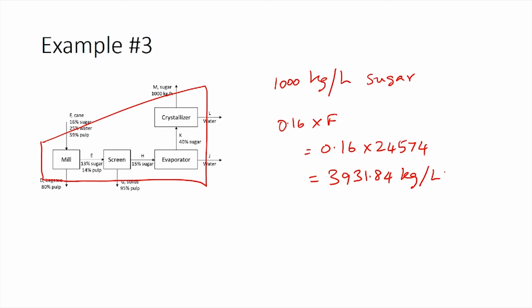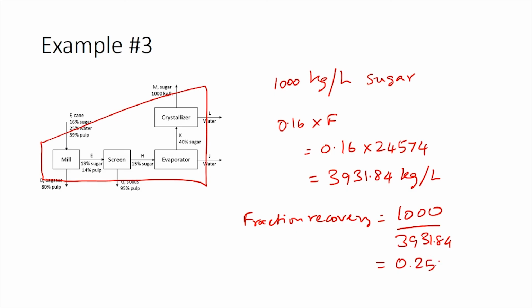So, the total amount of sugar which is fed to the system is 3931.84 kilograms per hour, out of which only 1000 kilograms has been recovered. So, the fraction recovery would be given as 1000 divided by 3931.84, which gives you a value of 0.254. So, about 25% of the sugar which has been fed into the system has actually been recovered.